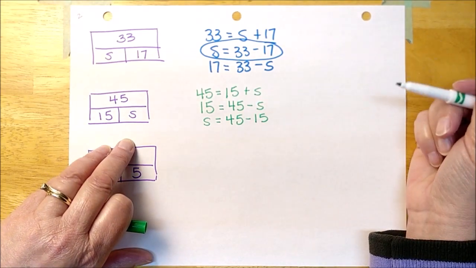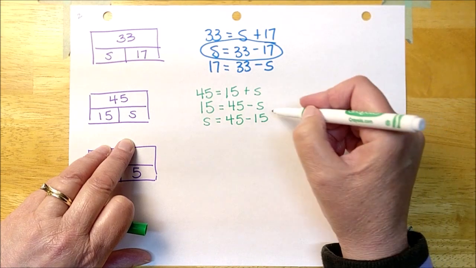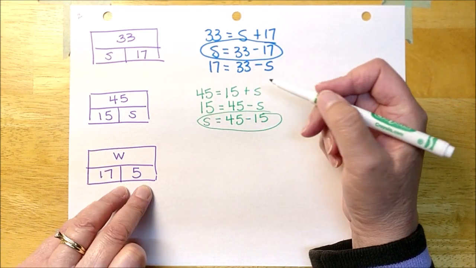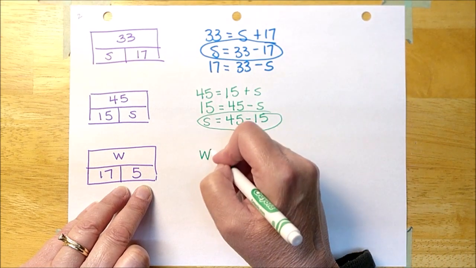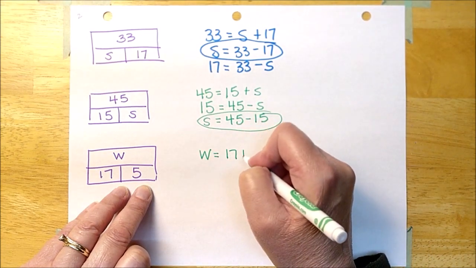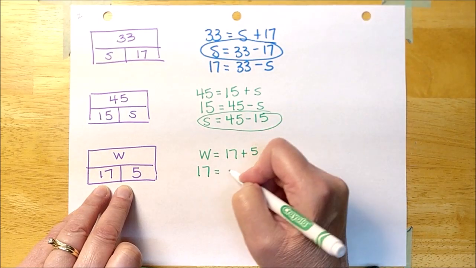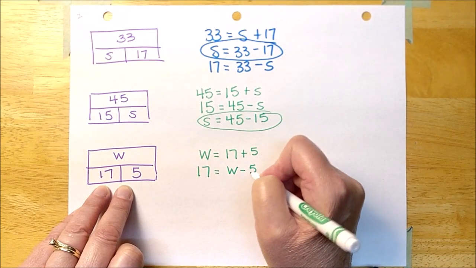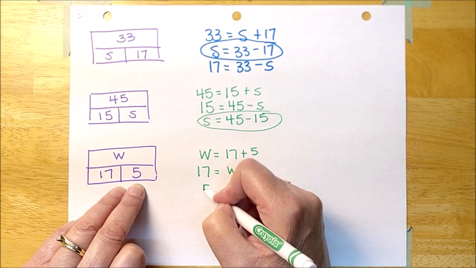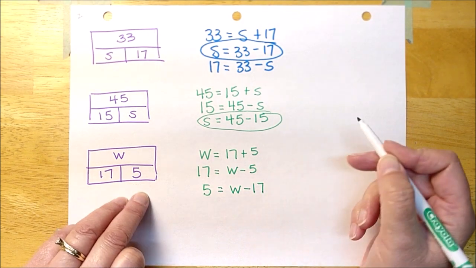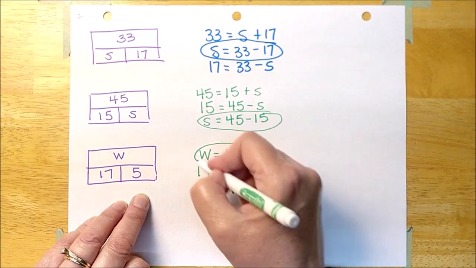And the equation we would choose to solve this would be this one. Here we have total is W equals 17 plus 5. We could do part 1 equals total minus 5. Or we could do part 2 equals total minus part 1. And this is the one that we would solve.